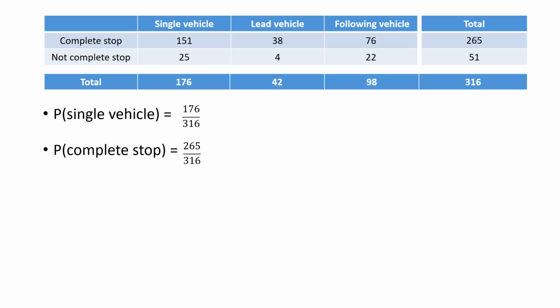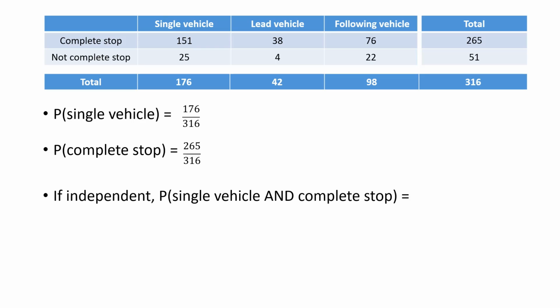Then we're going to use the multiplication rule for independent events to say that if the events being a single vehicle and coming to a complete stop are independent, then the probability that a car is both a single vehicle and comes to a complete stop should be the product of those probabilities.